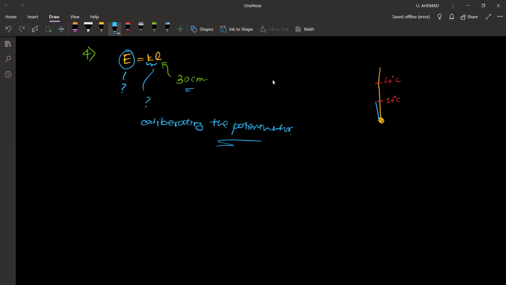Someone should have found that this length L corresponds to 50. This length L dash corresponds to 60. So someone found these lengths and marked them, and that is how they calibrated. Similarly, here, if we find out K, then only we can find the value of E. Therefore, finding K is known as calibrating the potentiometer.